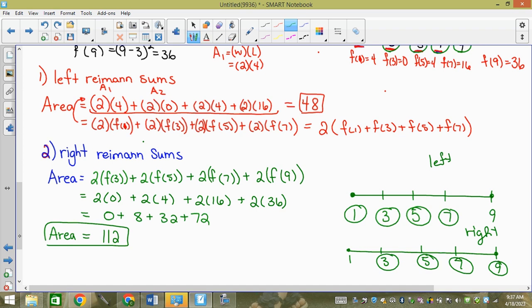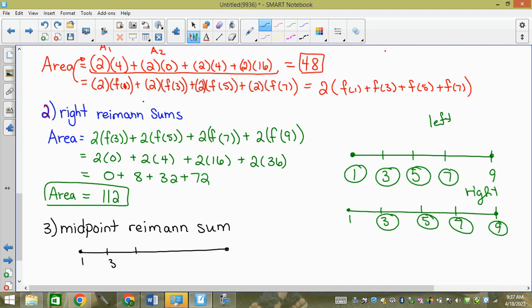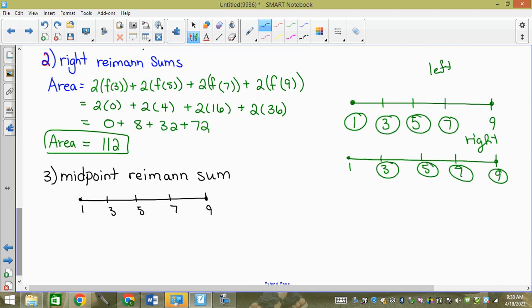What about midpoint? The average. The average of them. But we're not picking those ones.